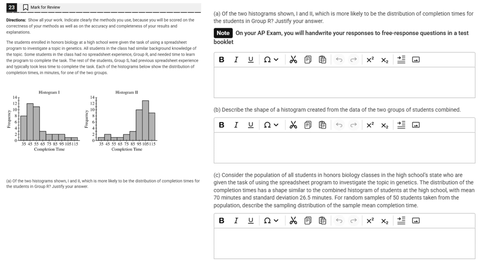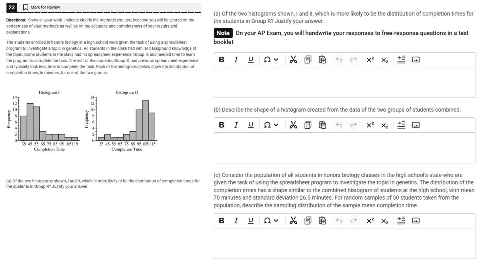Okay. Students enrolled in honors biology at a high school were given a task of using a spreadsheet program to investigate a topic in genetics. All students in the class had a similar background knowledge of the topic. Some students in the class had no spreadsheet experience, group R, and needed time to learn the program to complete the task.